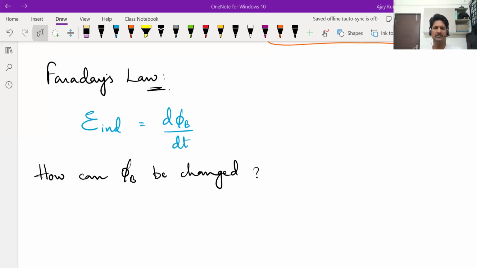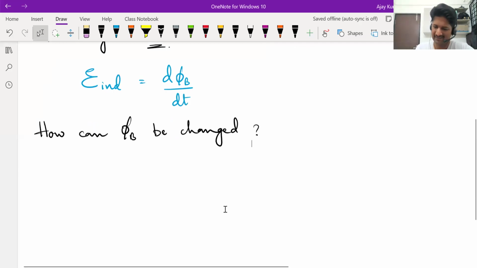Or tell me the basic formula for magnetic flux. From that we can tell how it can be changed. Okay, Pradhin is saying we have to change the current. What current are you talking about? Is it current in that coil itself or in some other coil? And how does changing current change magnetic flux?